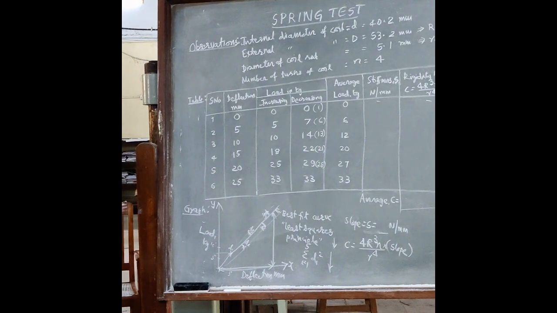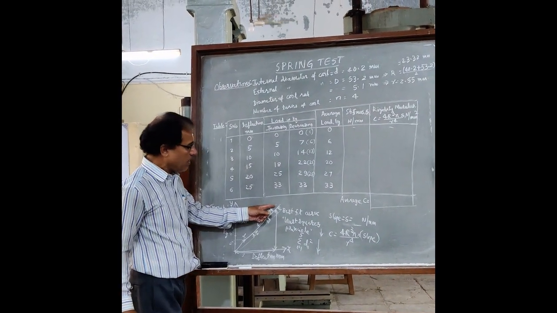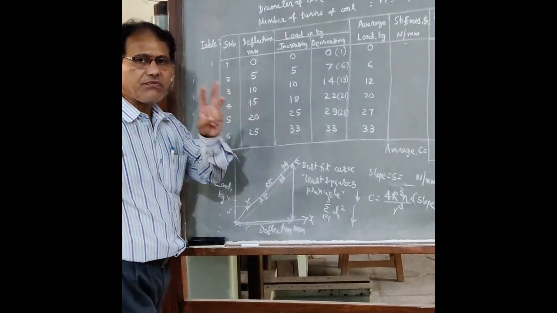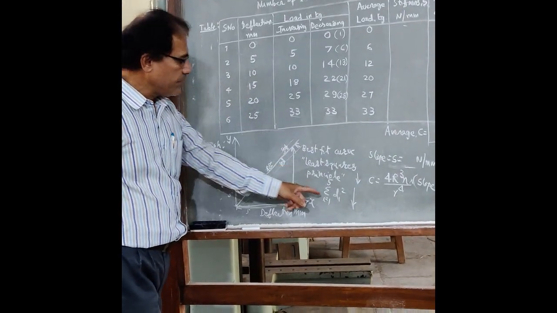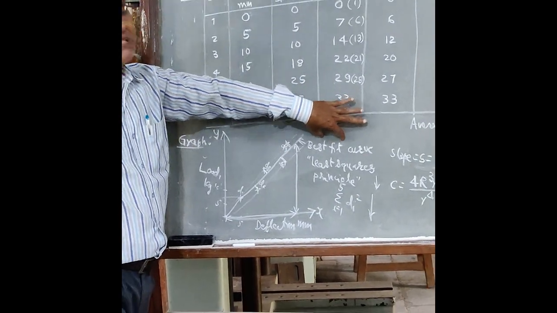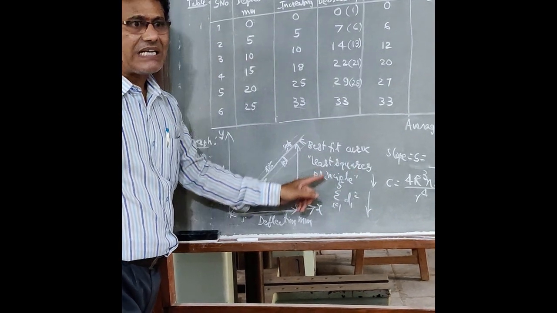Let us say you have 3 curves, so you have 3 results. Whichever is minimum, that curve is the best fit curve, satisfying the principle of least squares.